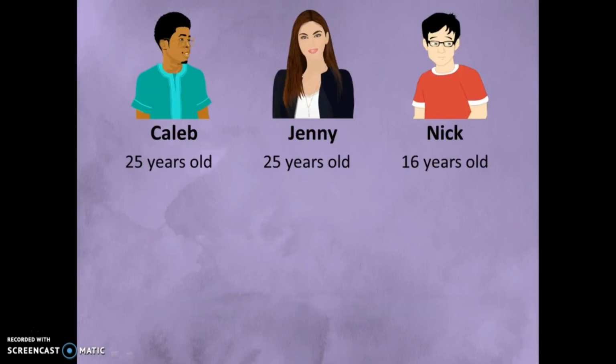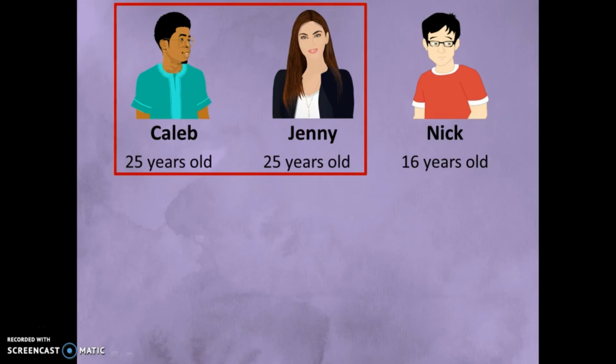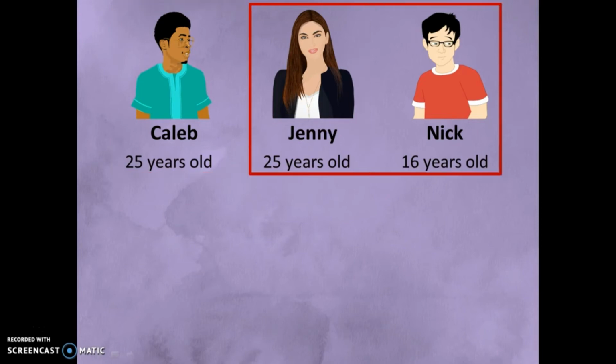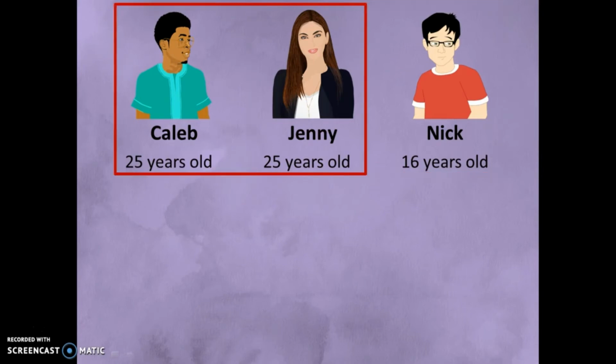Let's take a look at these three people and compare them using this grammar. So I've got Caleb and Jenny, who are both 25 years old, and then I've got Nick, who's 16 years old. If I compare Caleb and Jenny, they are the same age, and that's kind of like our positive sentence. Now if I compare Jenny and Nick, they are different ages, so that's like our negative statement.